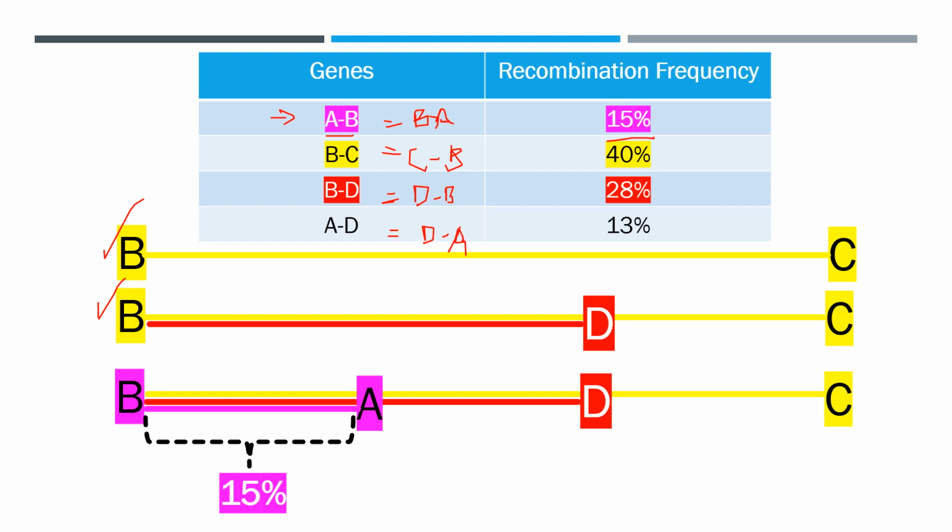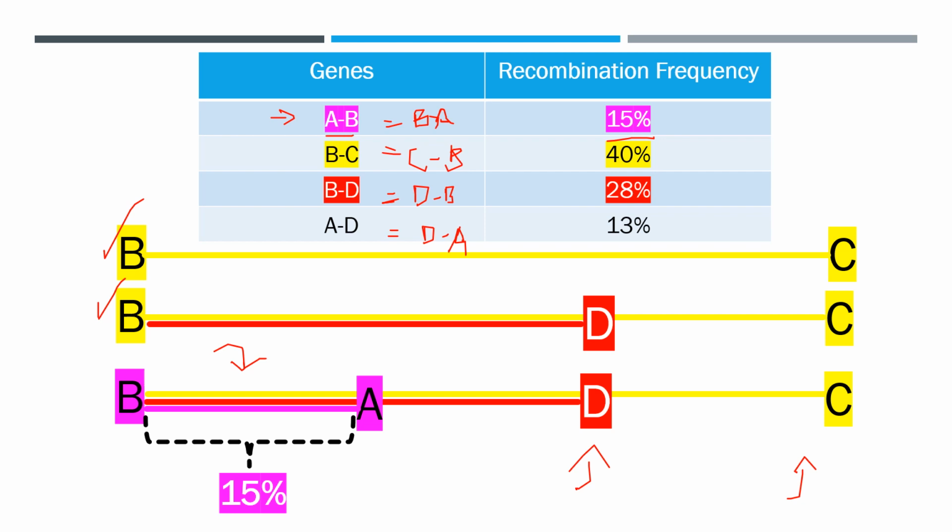To be correct in this case, there is one option. One option is that B and A are connected here in the middle, in between the D and the C. So yes, this is one option.